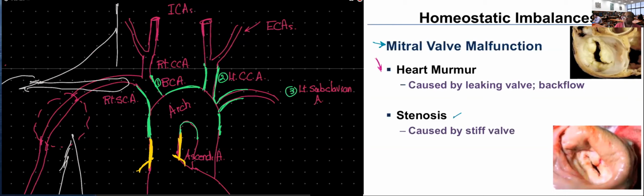The brachiocephalic artery, remember, gives rise to the right common carotid artery and the right subclavian artery.